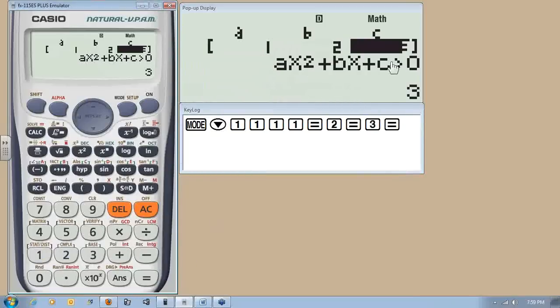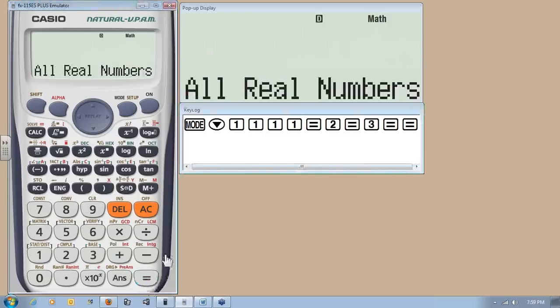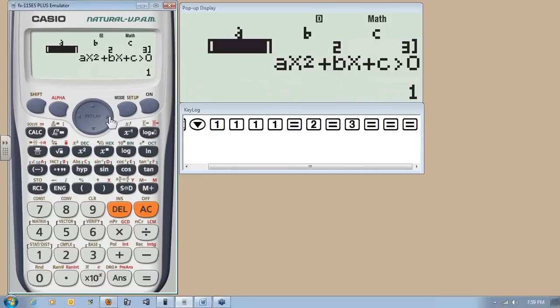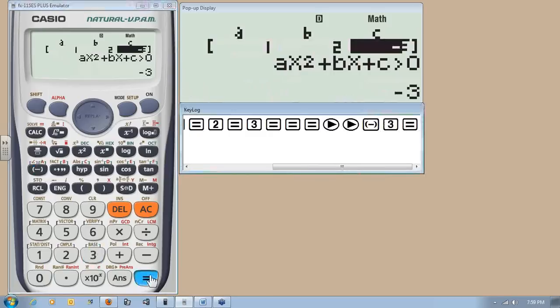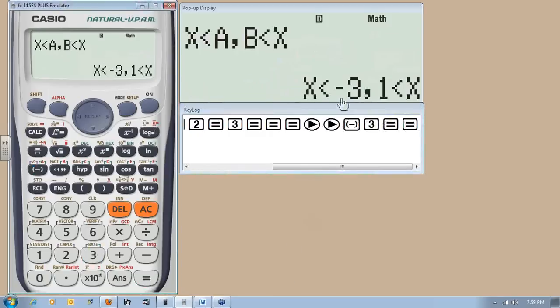So I want to find when is this quadratic, x squared plus 2x plus 3 greater than 0. All real numbers. It's always bigger than 0. I love that answer. Let's change the last one to a -3 and see what happens. There's your inequality. When x is less than -3 and when 1 is smaller than x. So it gives you the compound inequality. I was very impressed by that. That's amazing to have that power in a calculator like this.